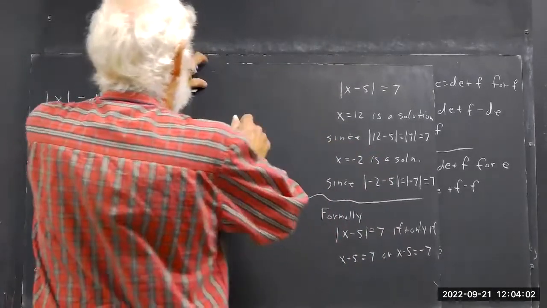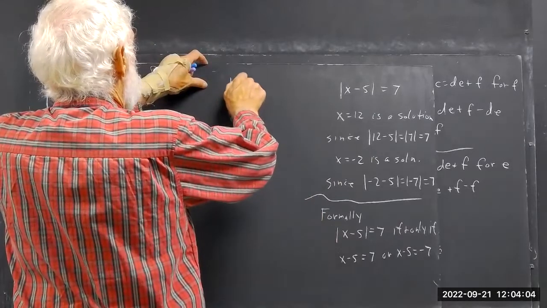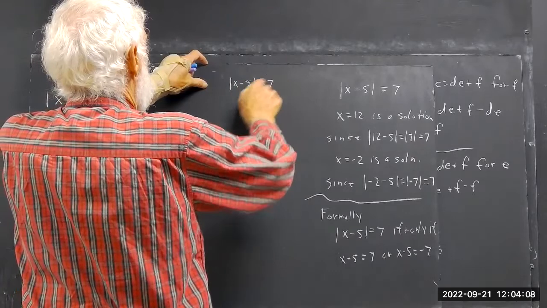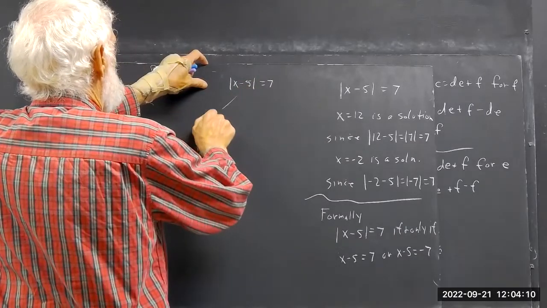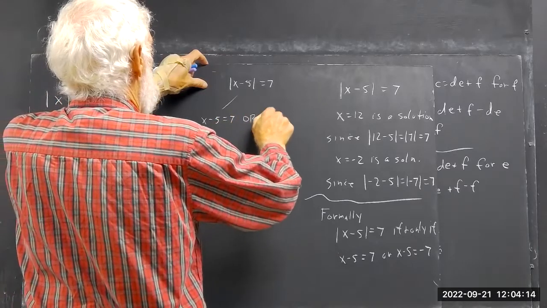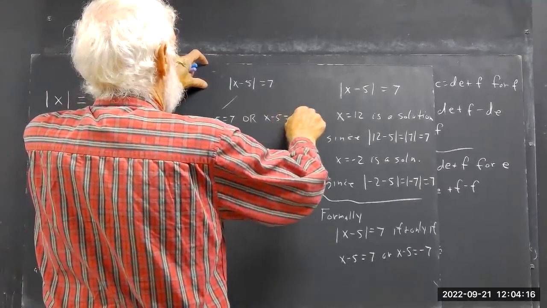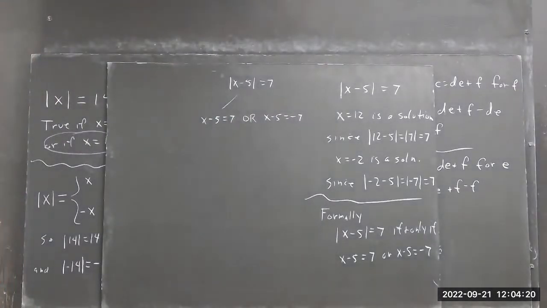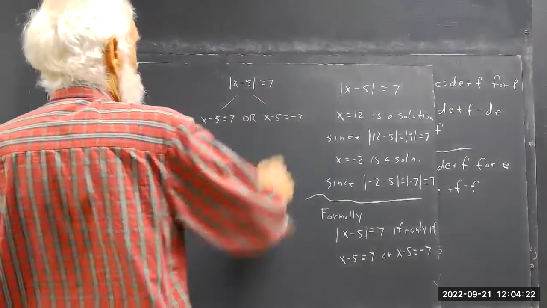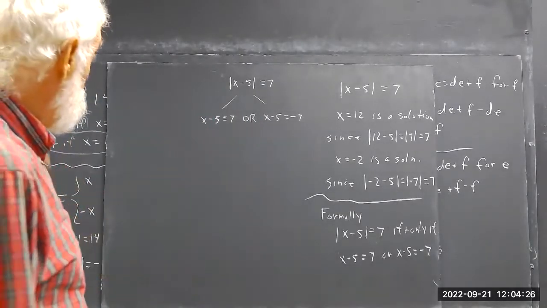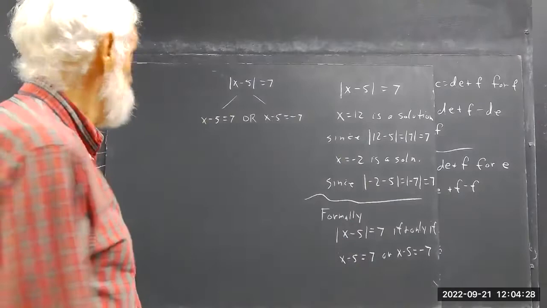So I'm going to come up here. This splits into two equations. x minus 5 is 7, or it's negative 7.